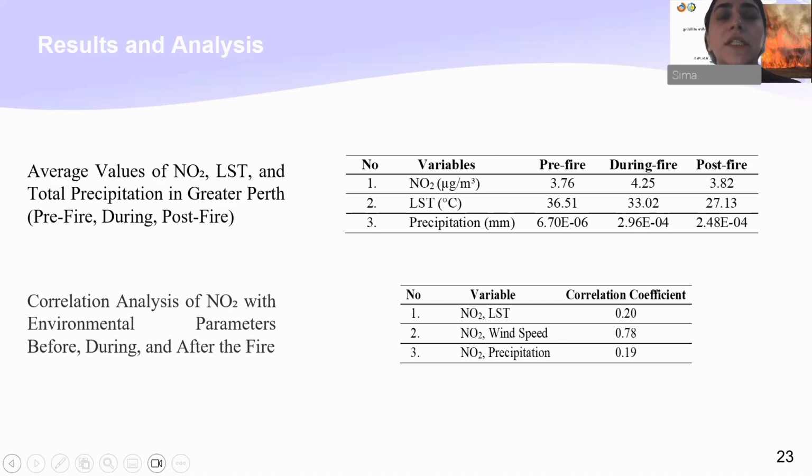Considering the correlation analysis, the weak positive correlation between nitrogen dioxide and LST, around 0.2, suggests a modest association between higher temperatures and increased nitrogen dioxide levels. High LST can indicate extreme heat conditions, which are conducive to fire occurrence.